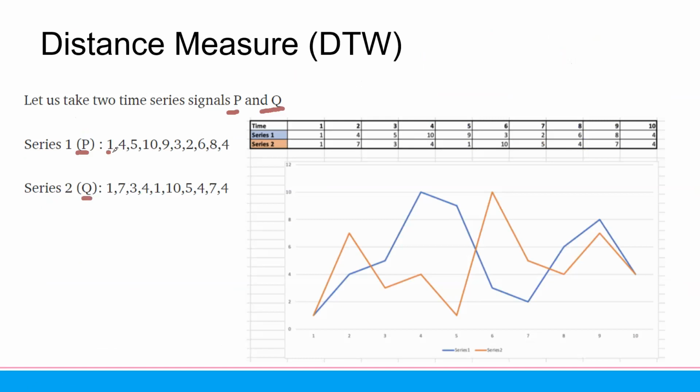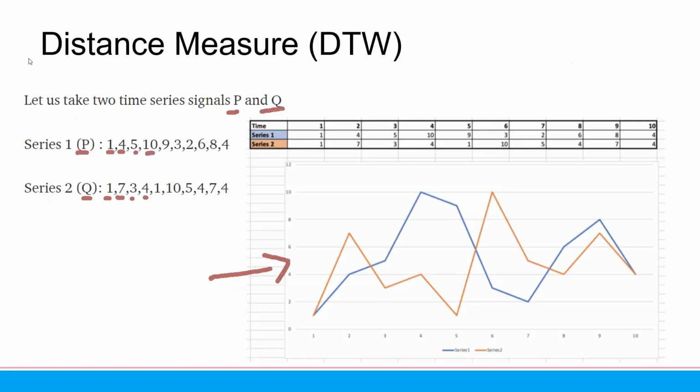So in January, the price is 1, and the other company's price is also 1. In the second period, the price is 4, and in the second period, this price is 7, and so on. So it is a time shift. If we plot it, it will be something like this.